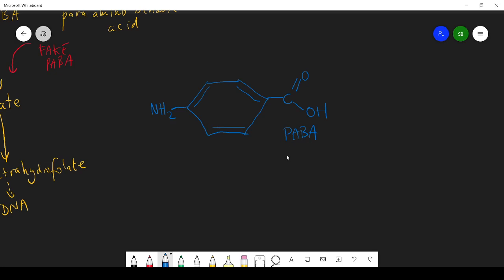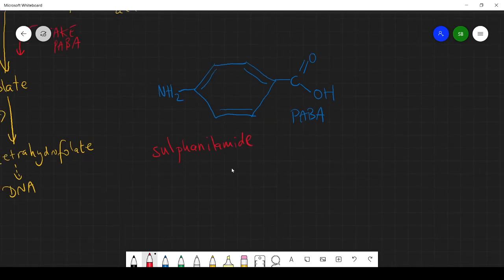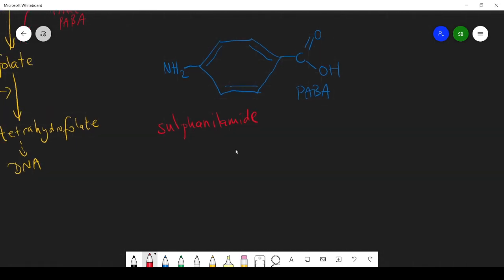And drugs that mimic PABA are things like sulfanilamide. Gotta get my spelling right. Amide. And that looks like this.